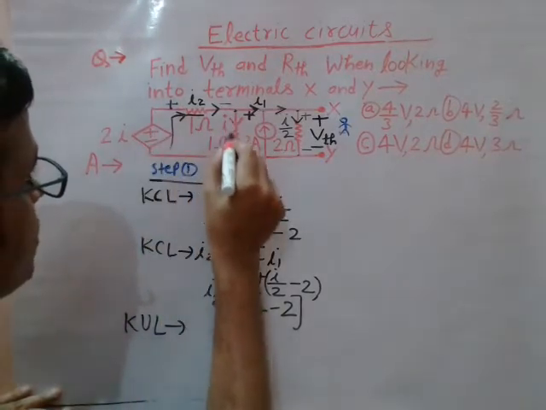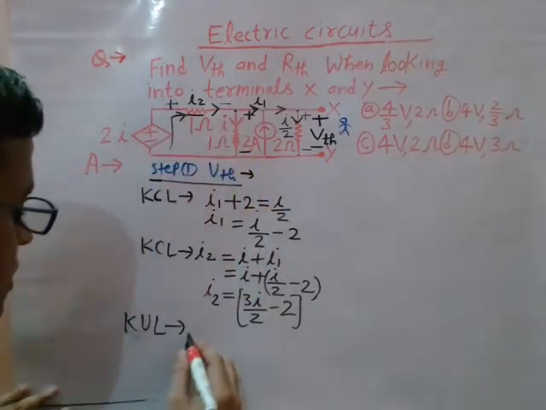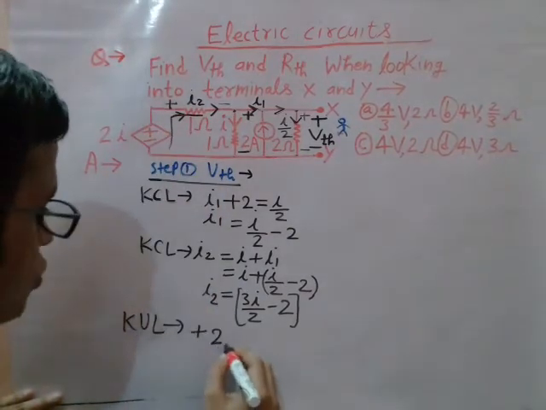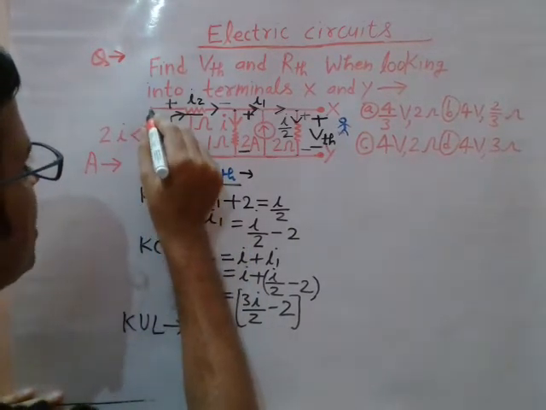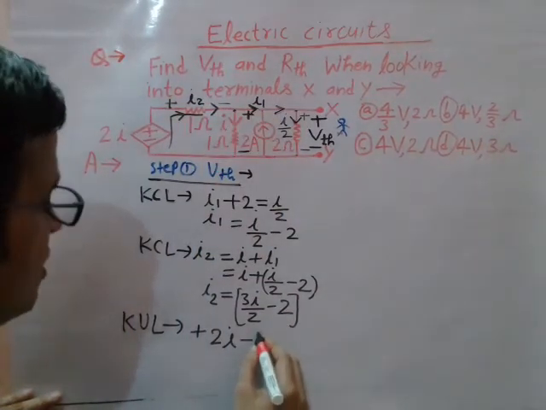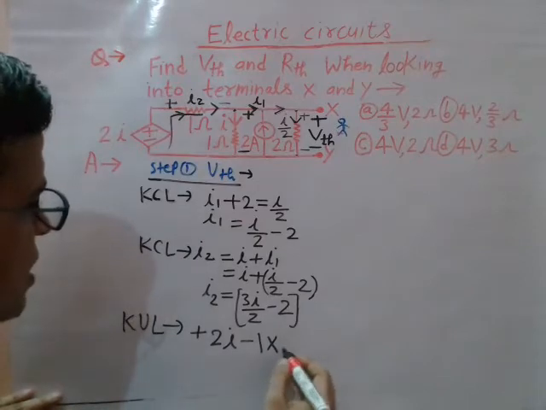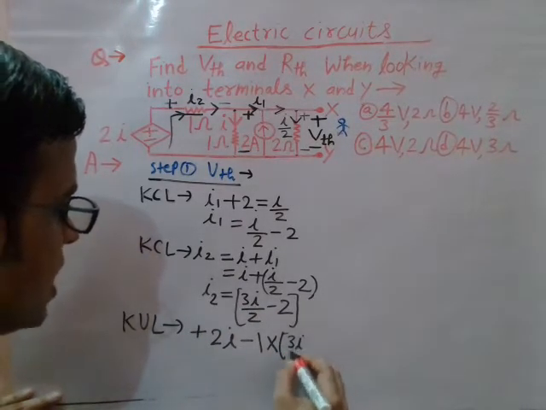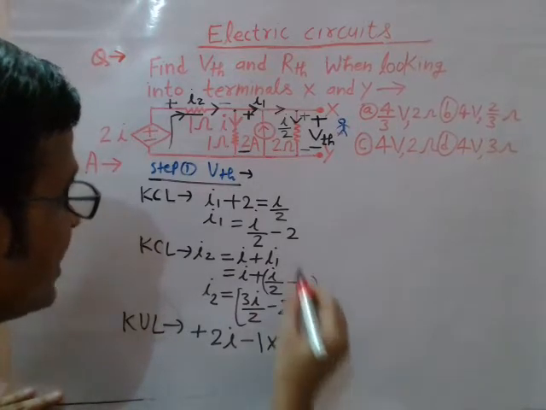Apply Kirchhoff's voltage law in this particular loop. So you will write minus to plus, write plus 2I, this is the voltage source, plus to minus, write minus 1 into I2, right? I2 is this, which is equal to 3I by 2 minus 2, right?